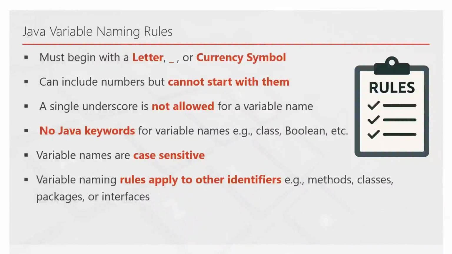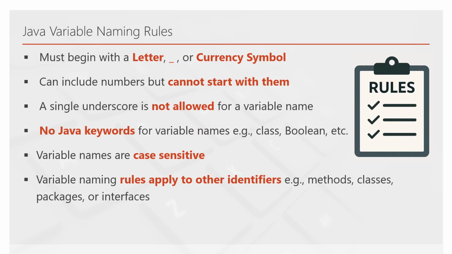When it comes to naming variables, here are some rules that have to be followed. Your variable names should begin with a letter, an underscore, or a currency symbol. Your variable names can include numbers, but a name cannot start with them. A single underscore is not allowed for a variable name.